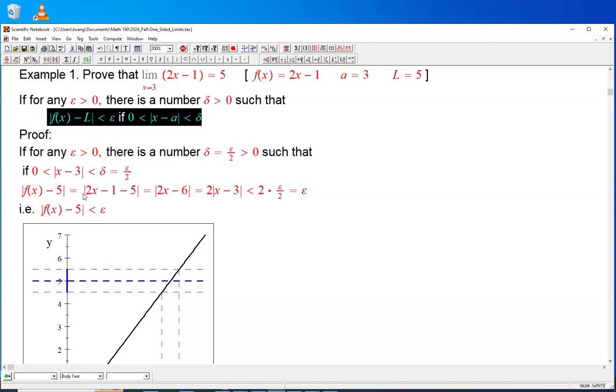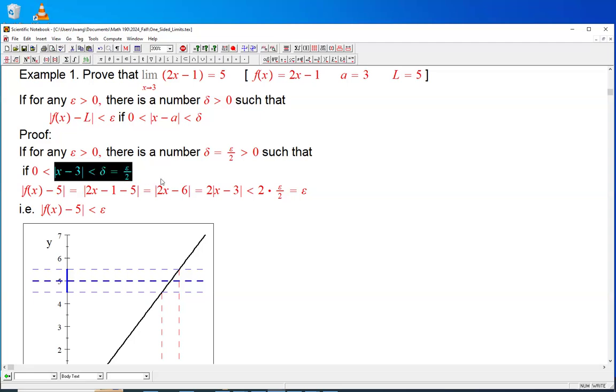I'm going to demonstrate that the absolute value of f of x minus 5, following this sentence, and then I plug in 2x minus 1 to substitute for f of x, and we get 2x minus 6. Factoring out the 2, we get 2 times x minus 3, and we know the absolute value of x minus 3 is less than delta, which is epsilon over 2.